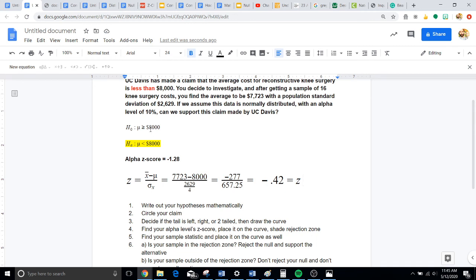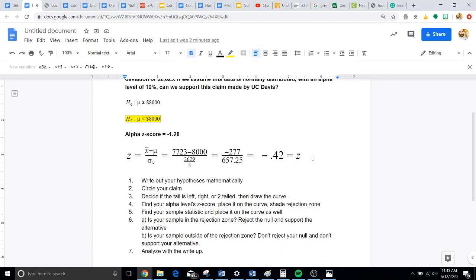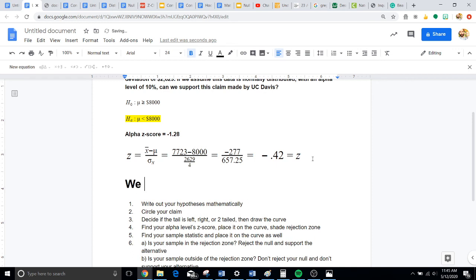All right, so we said that we are not going to reject our null and we're not going to accept or support our alternative. Well, since our claim is the alternative and we cannot support the claim, let's write that out. We cannot support the claim.